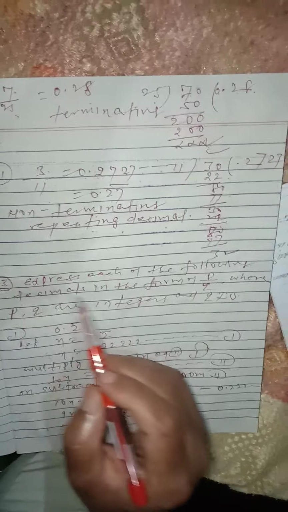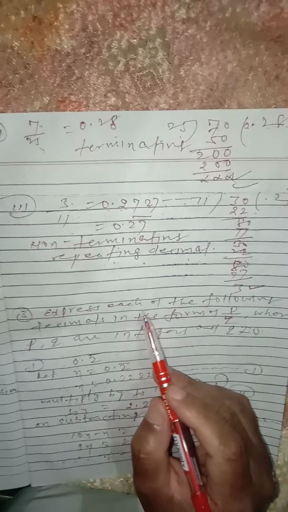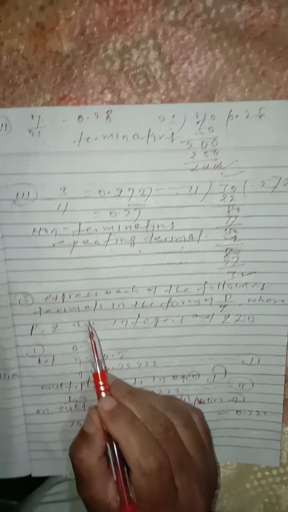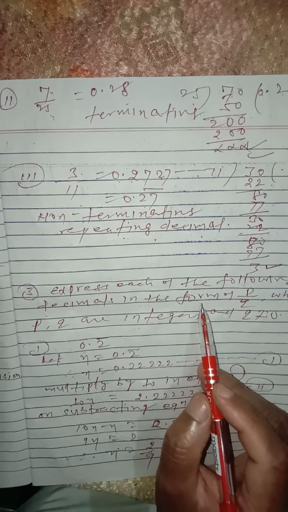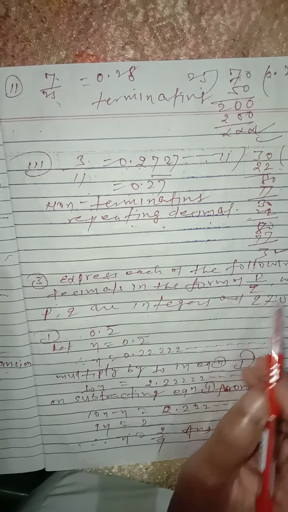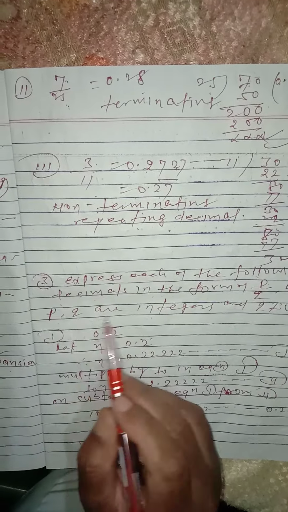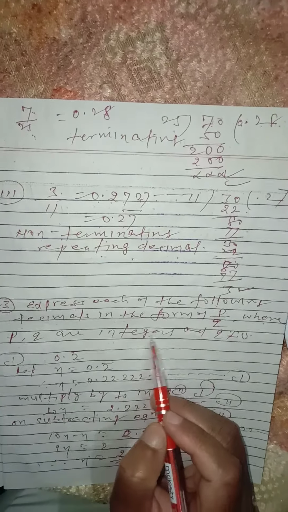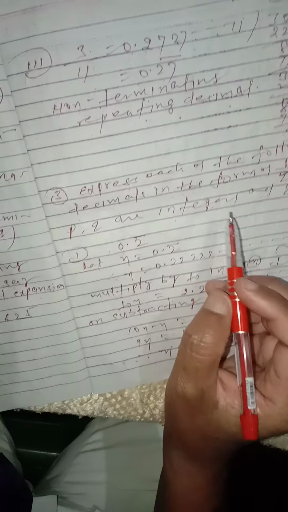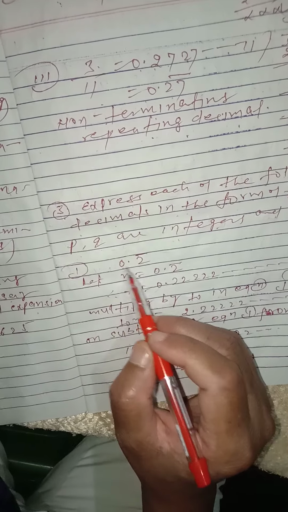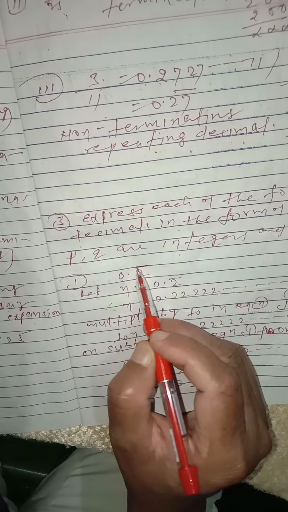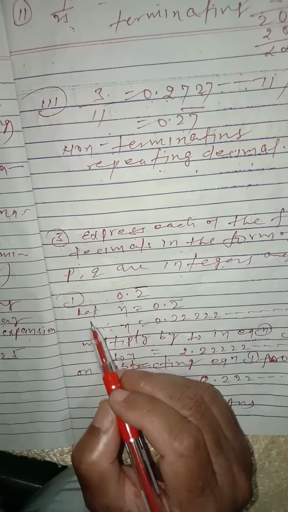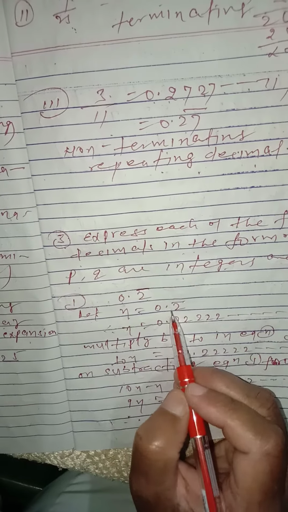Question number 3. Express each of the following decimals in the form of p by q, where p and q are integers and q not equal to 0. First question, 0.2 recurring. Recurring means repeating. Let x equal 0.2 recurring.